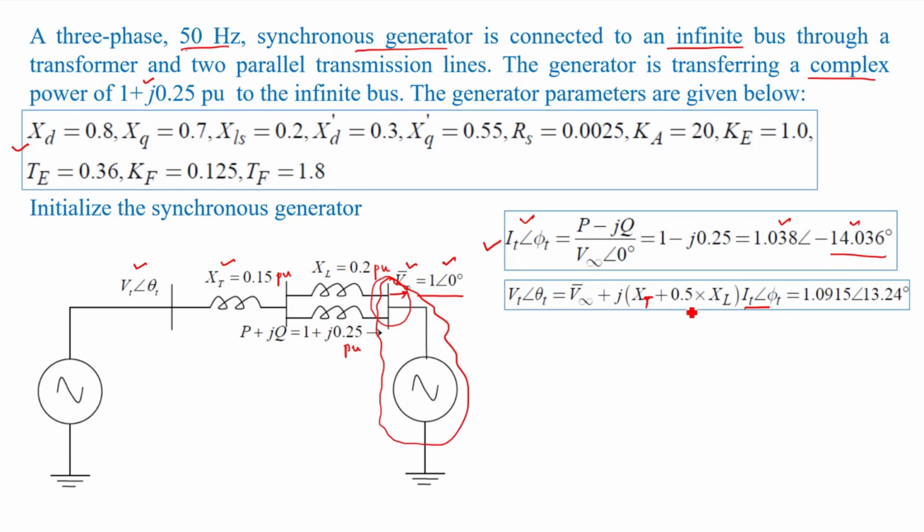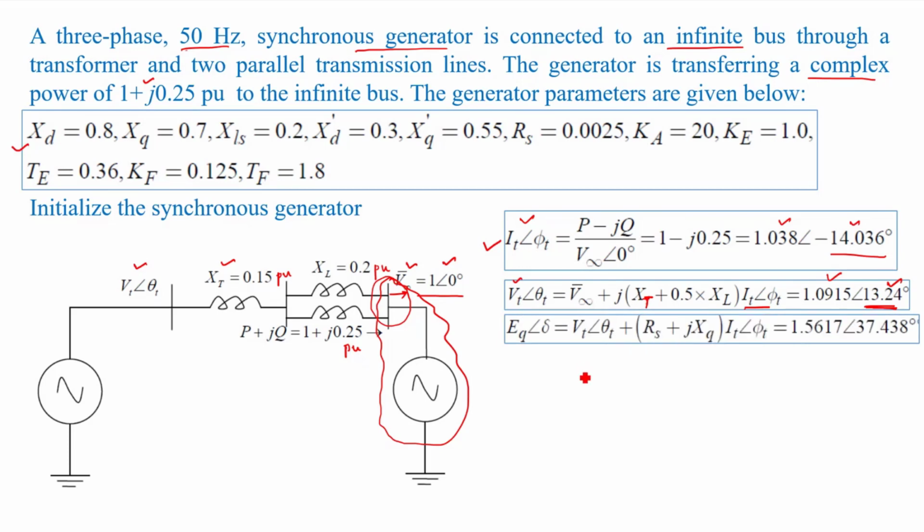Just by adding this, we found the voltage 1.0915 per unit, with angle 13.24 degree. This angle is the angle the voltage makes with the infinite bus voltage, V infinite, right?